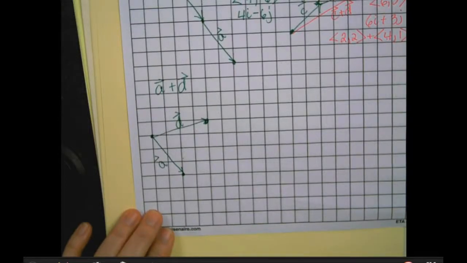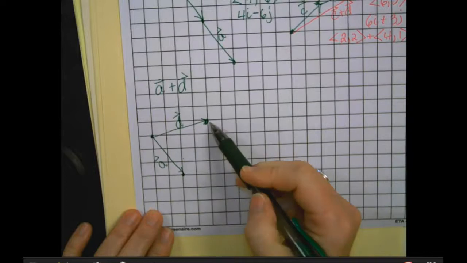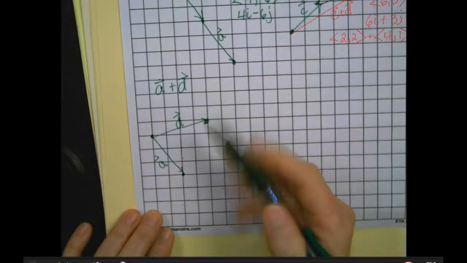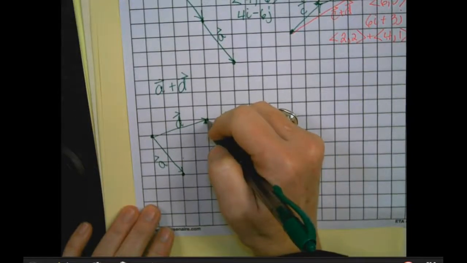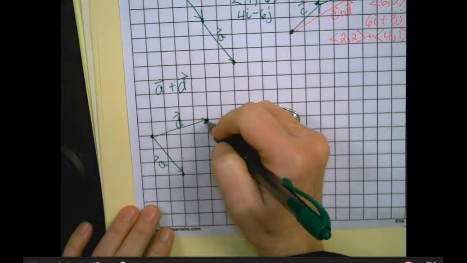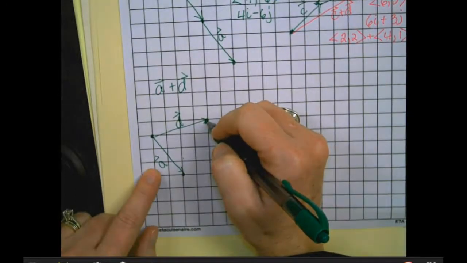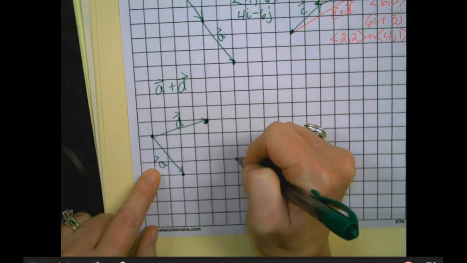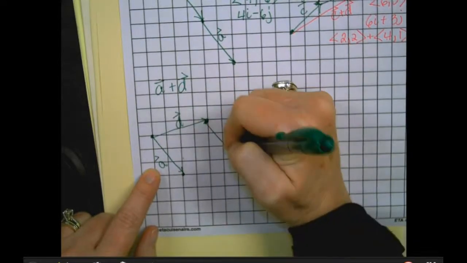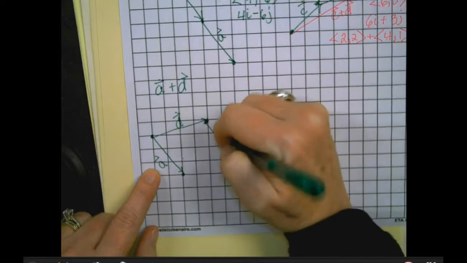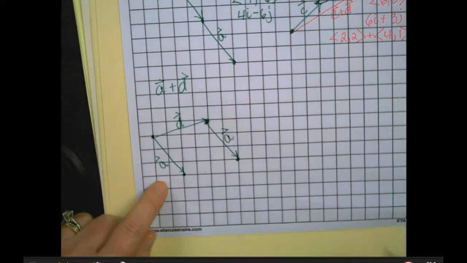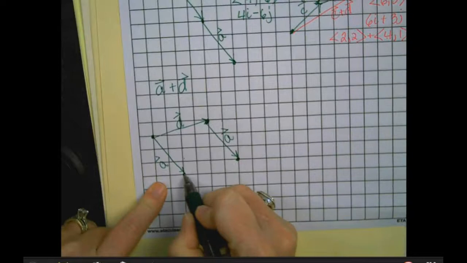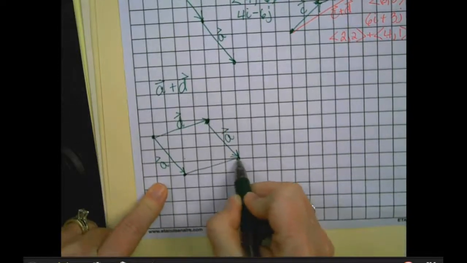Now what do I do? I have to do the A on this side, right? Yes. So from this point now, I have to do A, which is over 2 and down 3. So this is A. And the next one's easy because we don't have to count, we just connect.